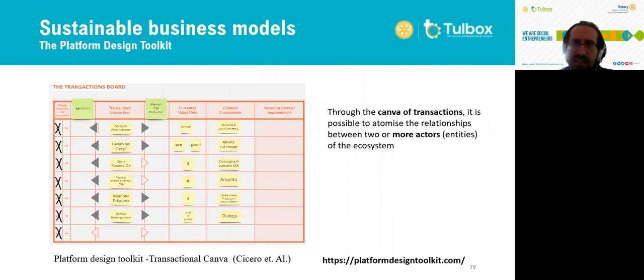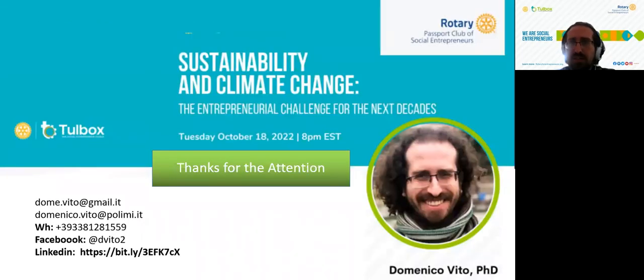And thanks to that, you can micro-understand the interaction between each of the actors and have a clear view in a table about what's happening in your business, in your model, in your activity or platform, whatever it is. So this is also a very interesting tool that can be used for building and reasoning on sustainable business models. So that's all on my side.